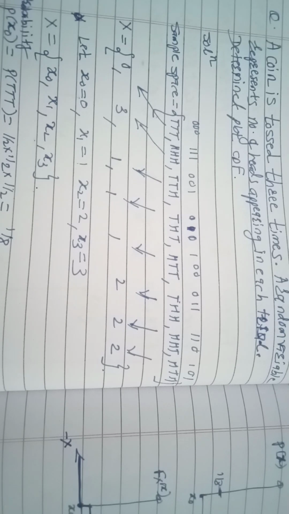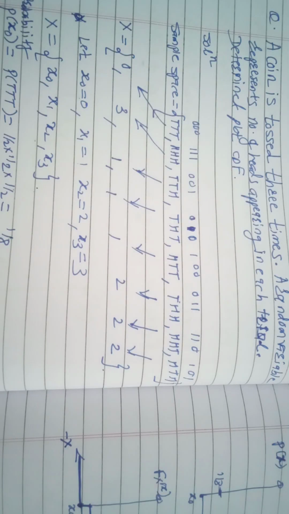Let us see another problem on CDF. The problem is: a coin is tossed 3 times. This means that one coin is tossed 3 times successively, or we can say 3 coins are tossed at a time. A random variable represents the number of heads appearing in each trial.